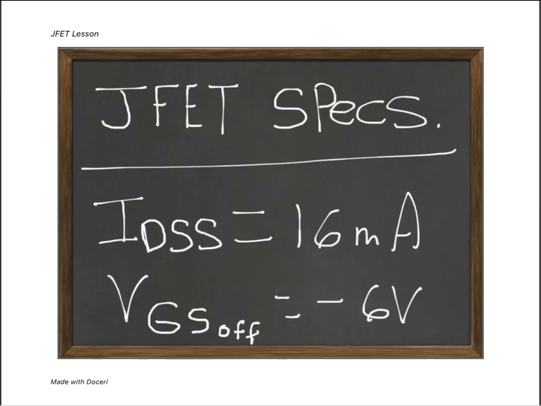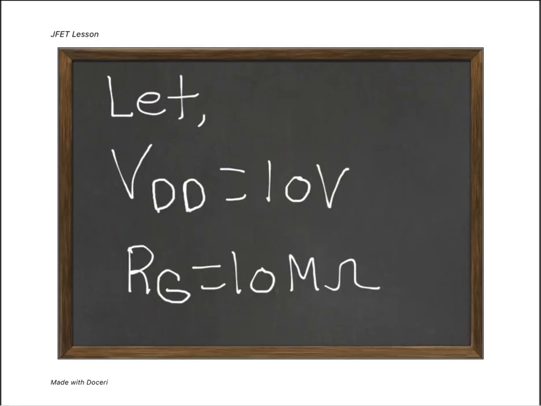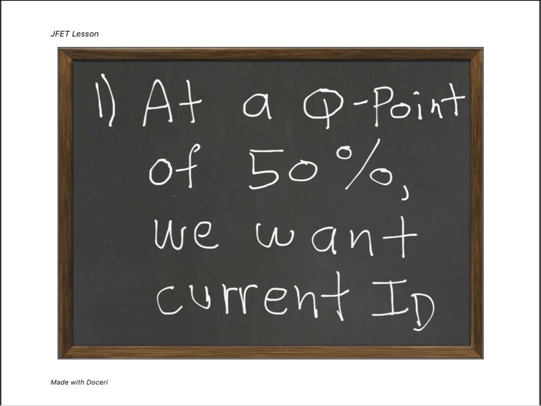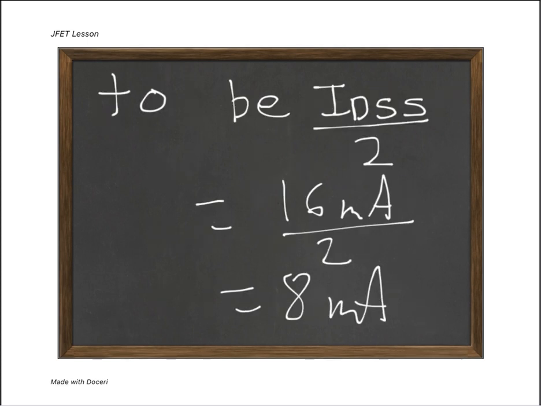Okay, again, for our JFET, we'll assume the saturation current is 16, the cutoff voltage is -6. We'll let the drain VDD be 10 volts, RG is 10 megohms. Calculate these two values. For a 50% Q point, these are standard formulas.